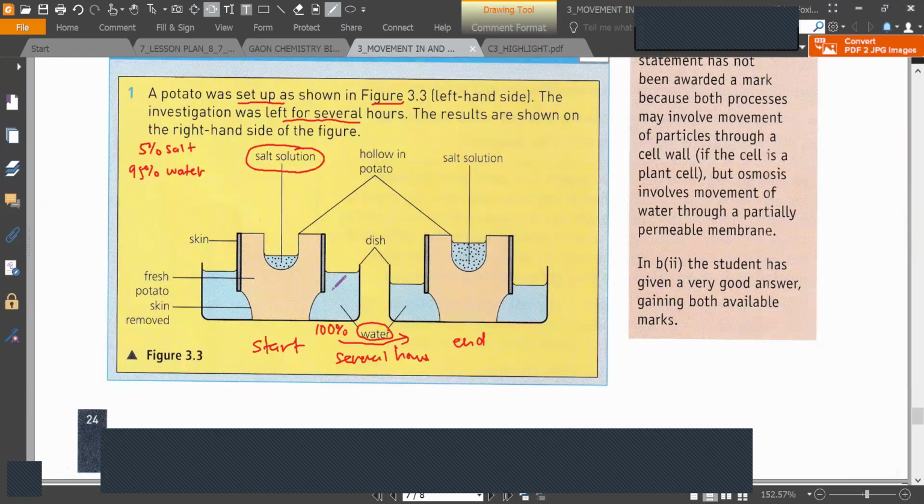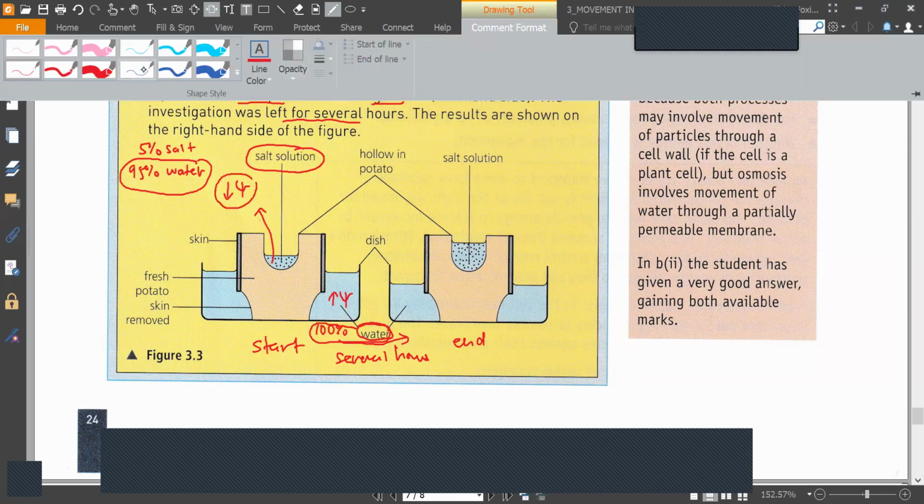So we are saying that here the water potential will be higher, and here it will be lower. This is how we compare the water potential: 95% water versus 100% water. So this is lower water potential.